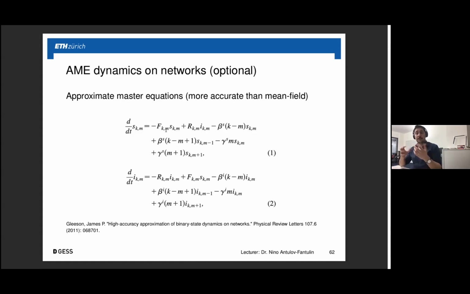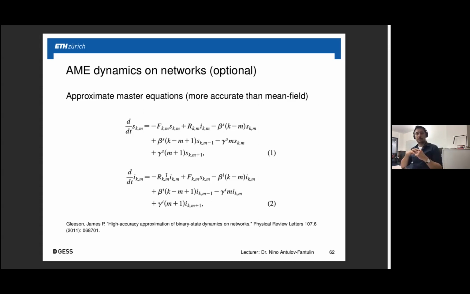So it is a rate that describes your first neighborhood that is indexed with degree K, and out of these K nodes you have M that are in a very specific state, and also for R. Now one can be for transmission and one can be for recovery.